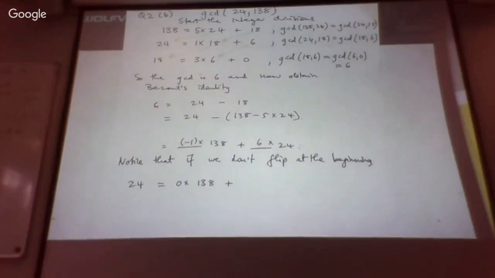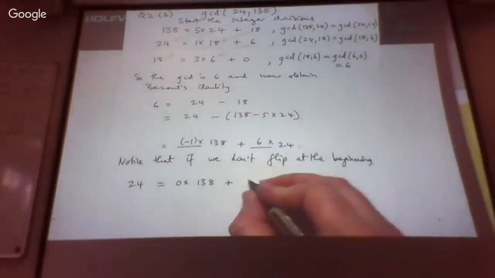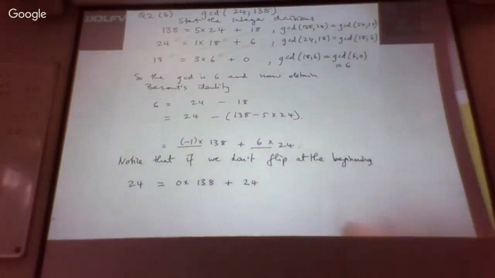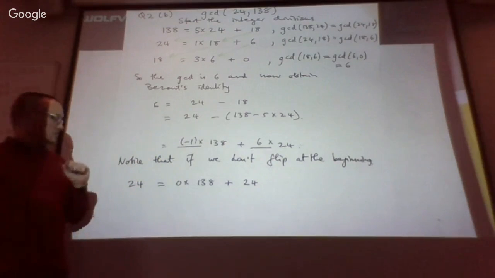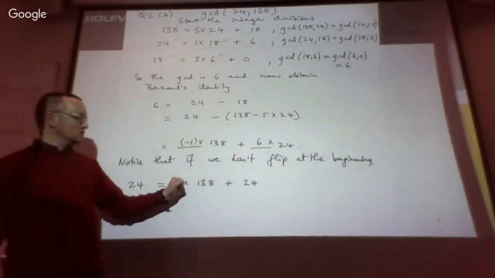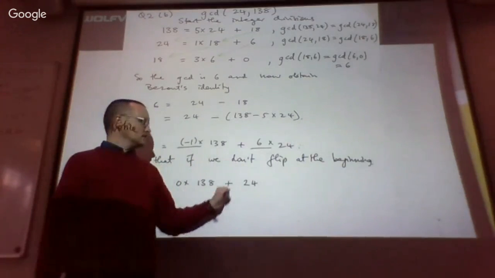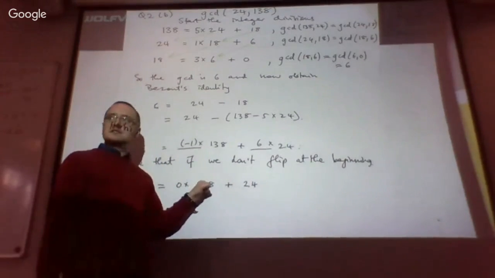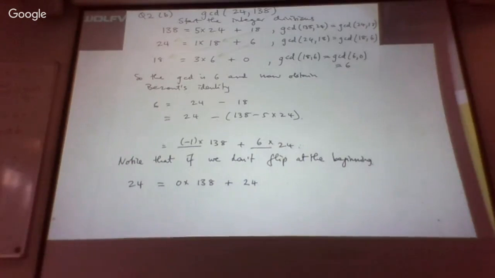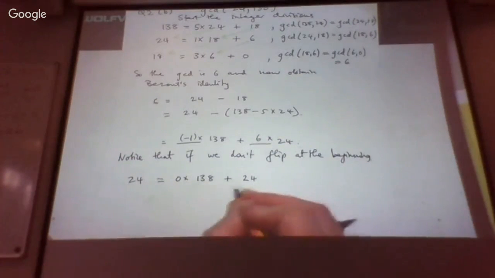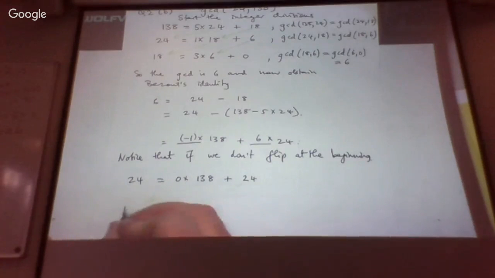So you're forced to say the quotient is 0 and the remainder is 24. That's fine. That satisfies the criteria for an integer division with remainder, because we've got A equals Q times B plus R, and the remainder is smaller than the number B, which it is. And then when you slide them across, it becomes what we originally did.